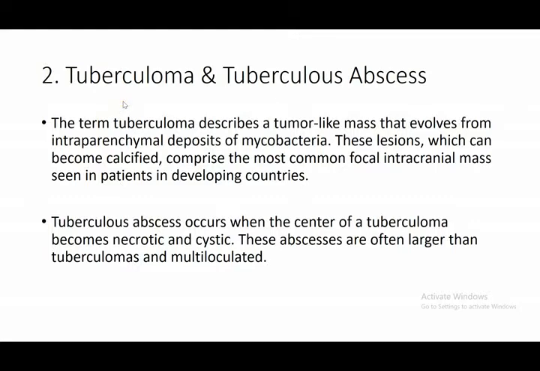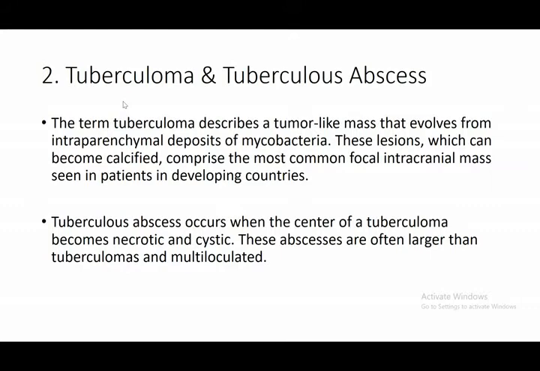The term tuberculoma describes a tumor-like mass that arises from intraparenchymal deposits of mycobacteria. These lesions, which can become calcified, comprise the most common focal intracranial mass seen in patients in developing countries. Most common focal intracranial mass, because TB is a common infection in our part of the world.